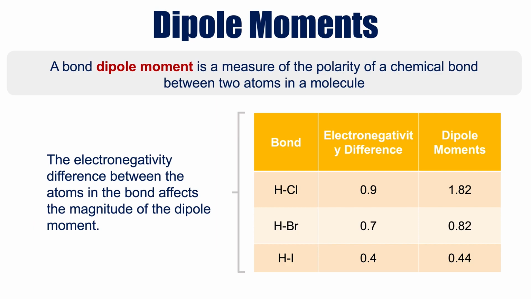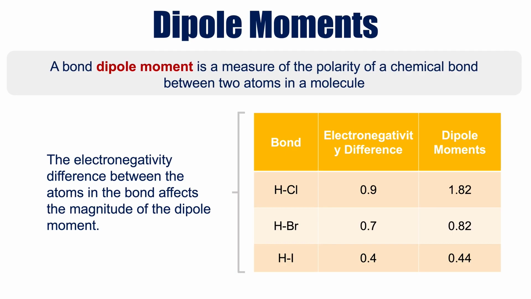Now you have to understand that there are different strength dipole moments. Based off of the difference in electronegativity, you can have different strength dipoles being formed. This concept of dipole moments is going to become more important towards the end of the unit when we discuss polarity of molecules.